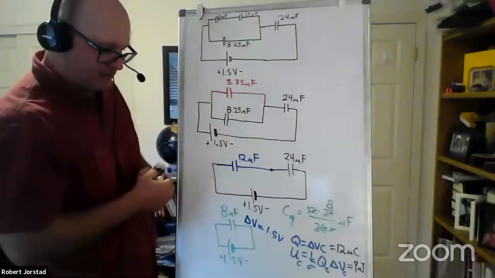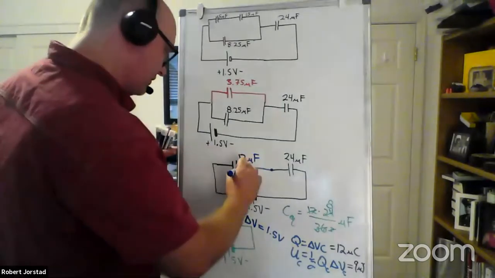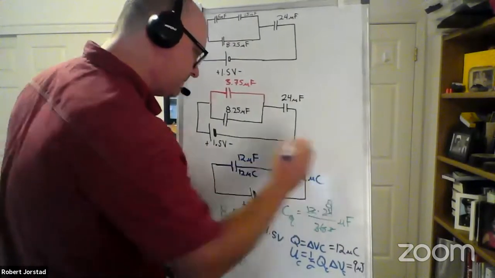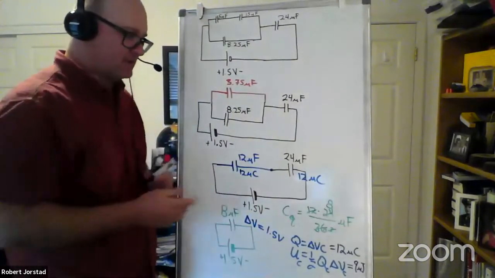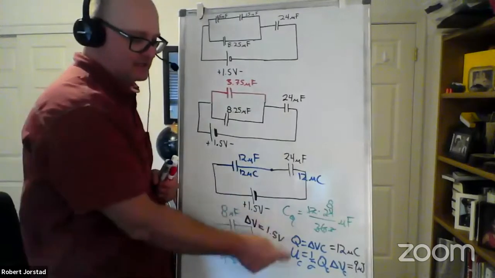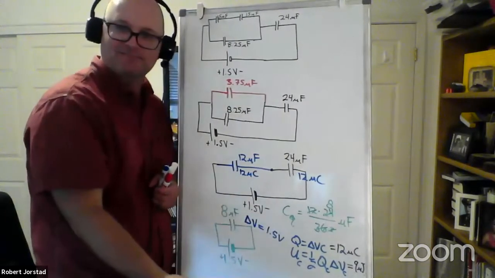Charge. So that means, aha, now I know each one of these has 12 microcoulombs. Got it? And so if I have 12 microcoulombs on each, aha, now I could use these rules again and get the charge and the energy.